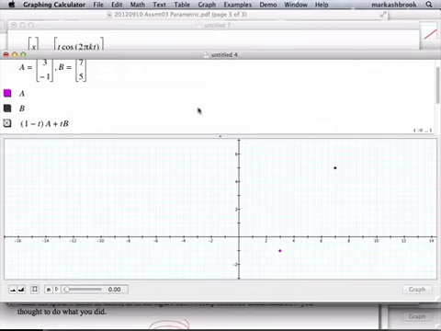Which points? When you say points, it starts at A when t is 0.